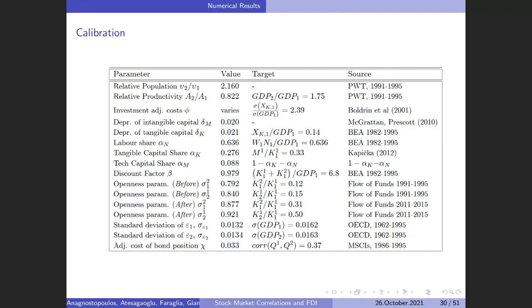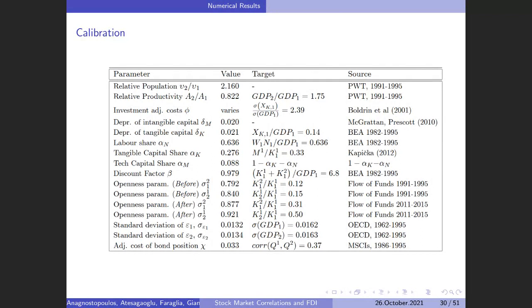The K12 to K11 ratio means that if US corporations had one capital stock in the US in the early 1990s, they had 0.15 capital stock in the rest of the world. And what about the rest of the world in the US? The ratio was 0.12. Now, in 2011 to 2015, the post period after the level of FDI increases, for the United States this ratio increased to 0.5, which means nowadays, if US corporations have one capital stock in the US, they have 0.5 capital stock in the rest of the world.